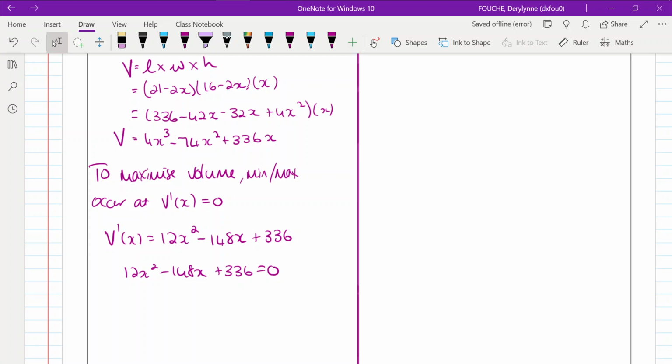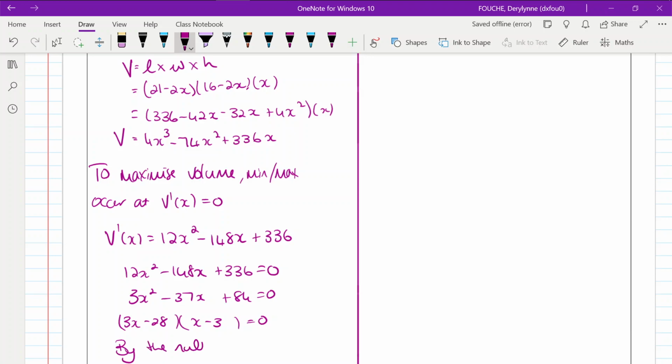4 goes into all of those, so we have 3x squared minus 37x plus 84 equals 0, and we can factorize that to 3x minus 28 and x minus 3 using our null factor law. x will be 28 on 3 centimeters, or x equals 3 centimeters.